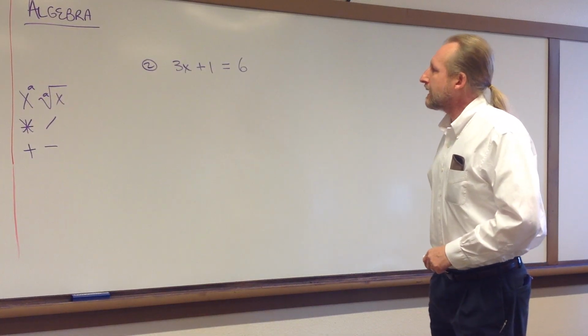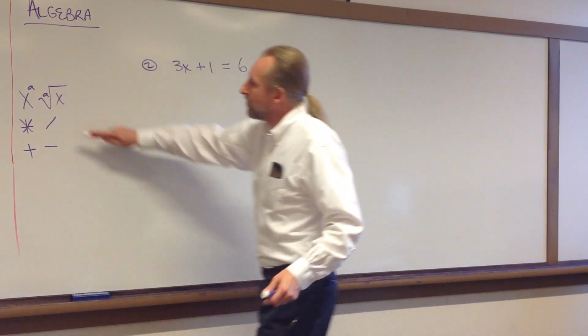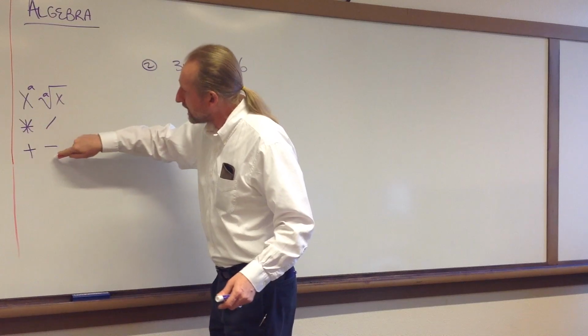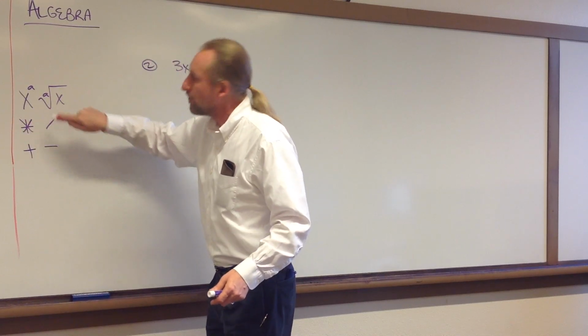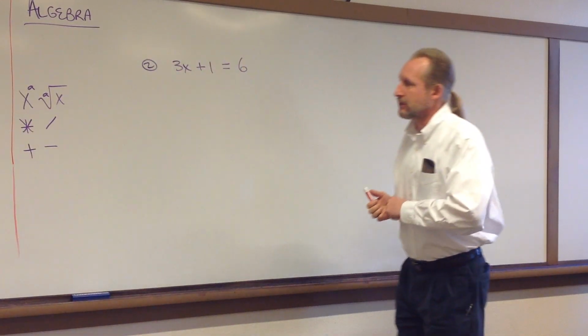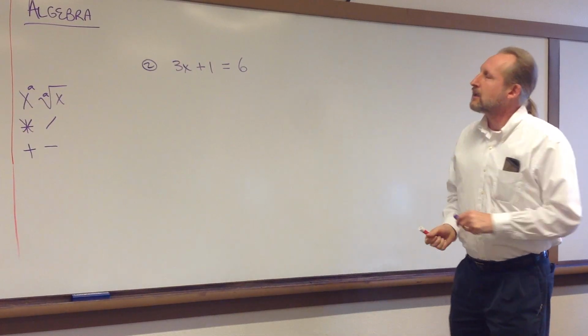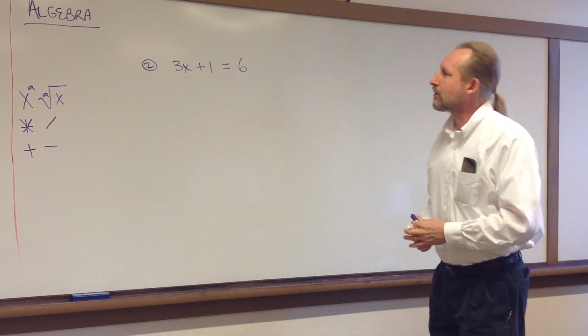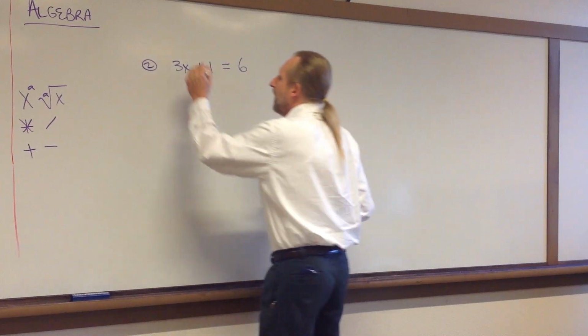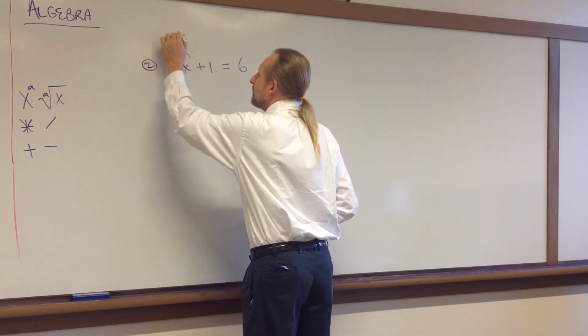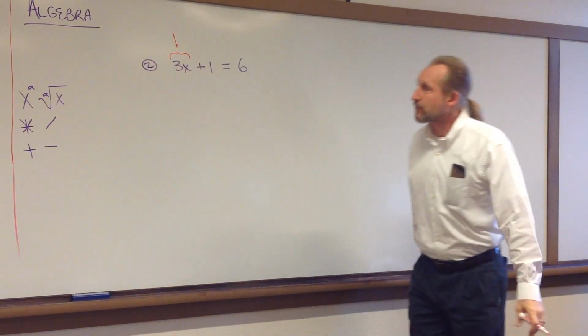So, the idea here is that we're going to have to do some of both. The adding and subtracting to cancel things out, and the multiplying and dividing to cancel things out. So, first thing that I suggest that you look for in these problems is find the piece that has the variable that we're looking for. Okay?